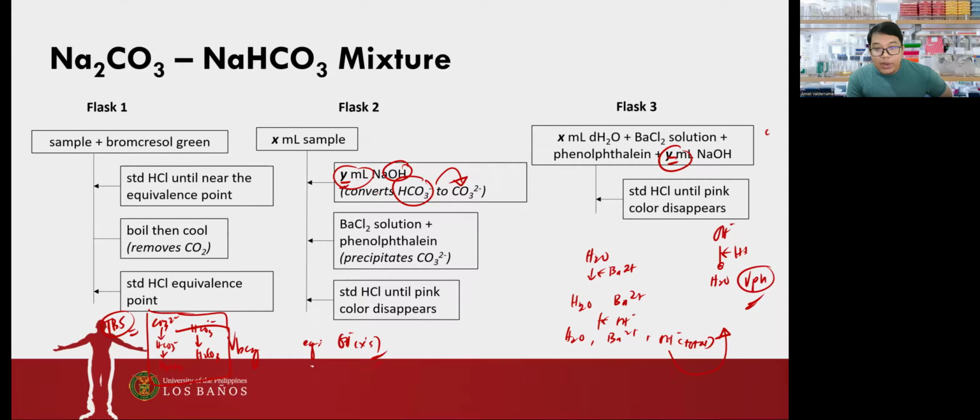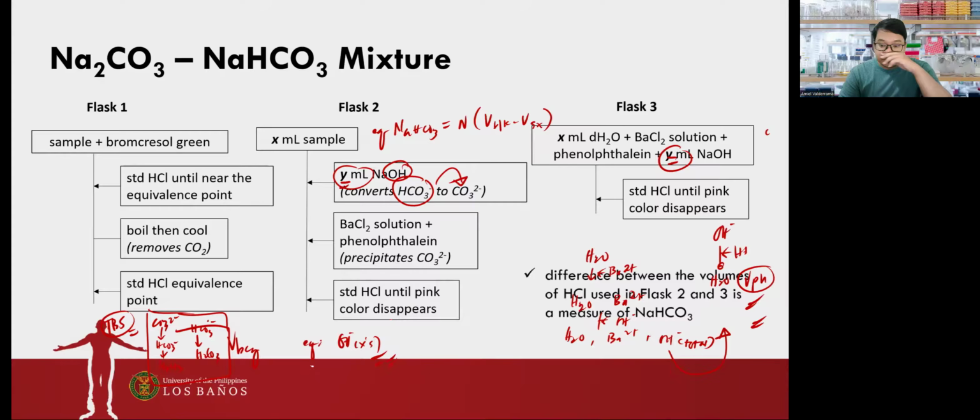So essentially, we can determine the amount of equivalence ng NaHCO3. Okay? So ito ay equal sa N ng V ng blank minus V ng sample. Kasi yung blank natin ito, yung total, then yung sample natin is yung excess lang, natira. Yung hindi nag-react with HCO3 minus. Okay?